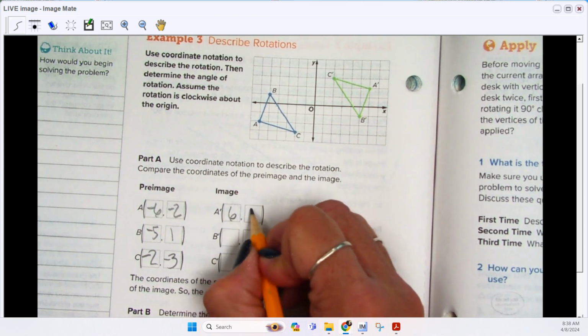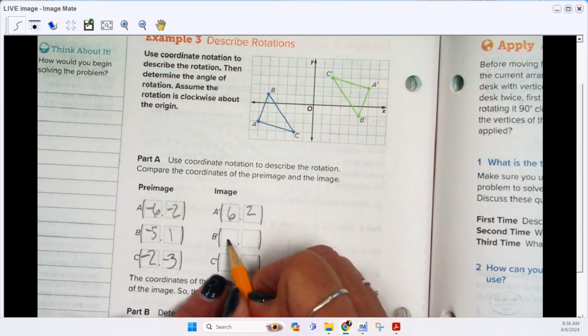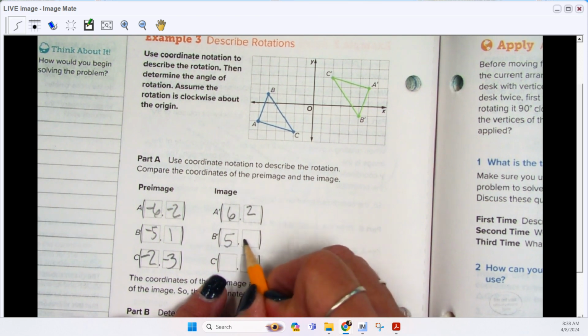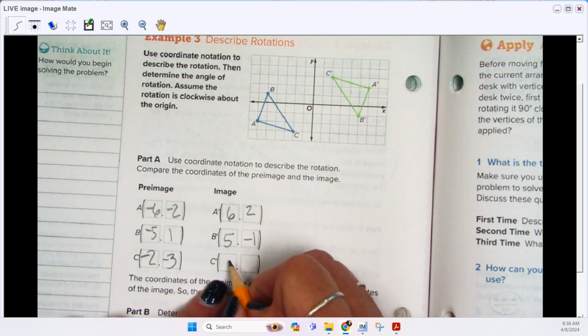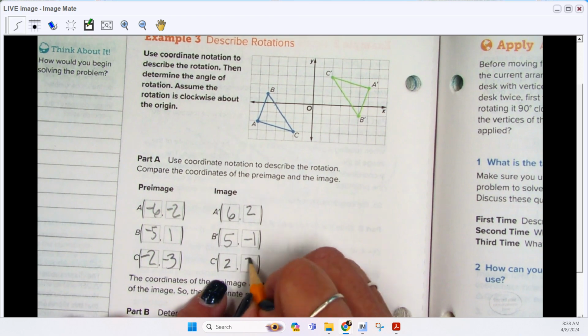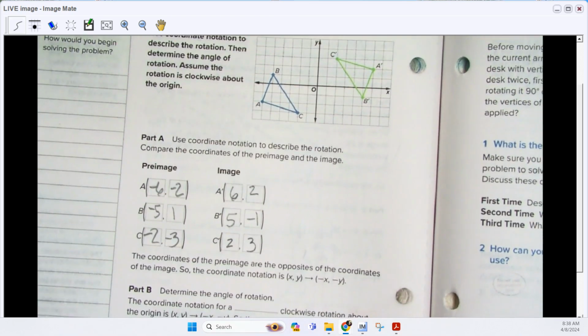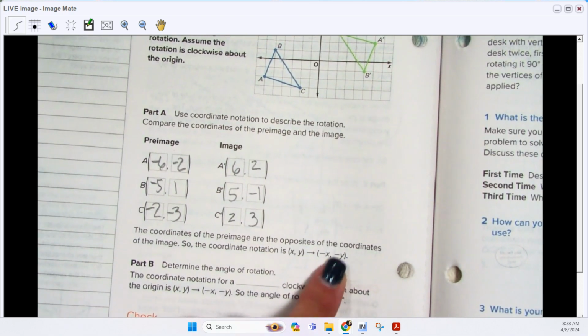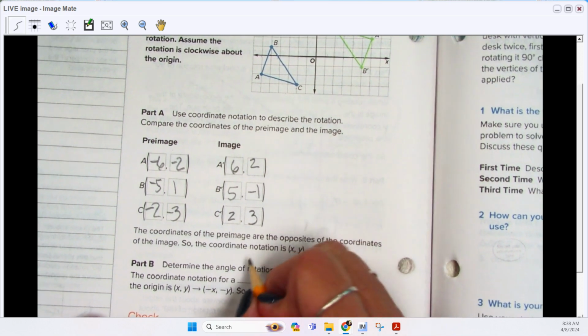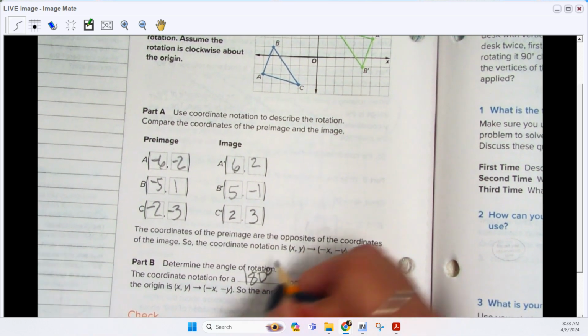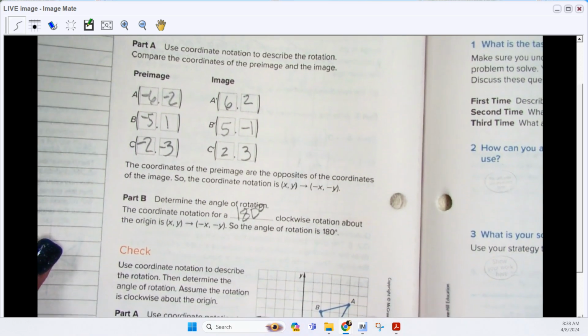So A prime is 6, 2. B prime is 5, negative 1. C prime is 2, 3. So the coordinates, they have not switched. All they did was take on the opposite of that. That means you did a 180 degree rotation.